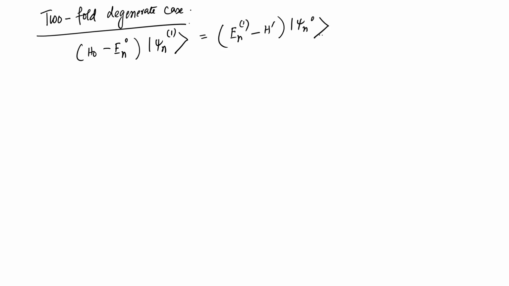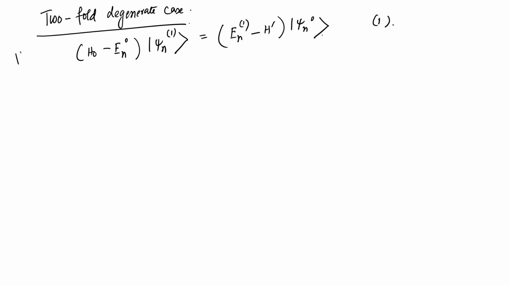And what we have is (H_0 − E_n^0) ψ_n^1 = (E_n^1 − H') ψ_n^0, and this is the equation that we have, that is the starting point, and let us call this equation 1. This is at the first order.